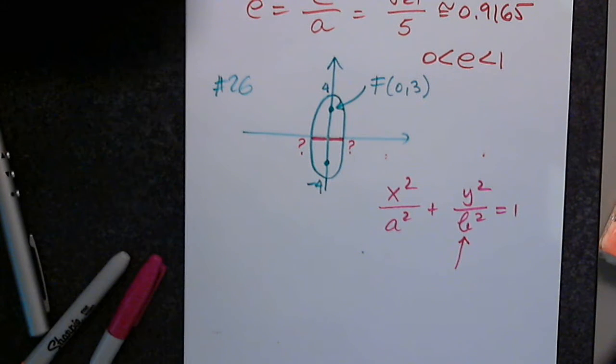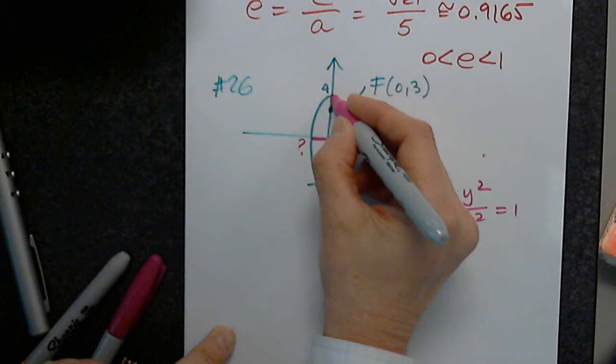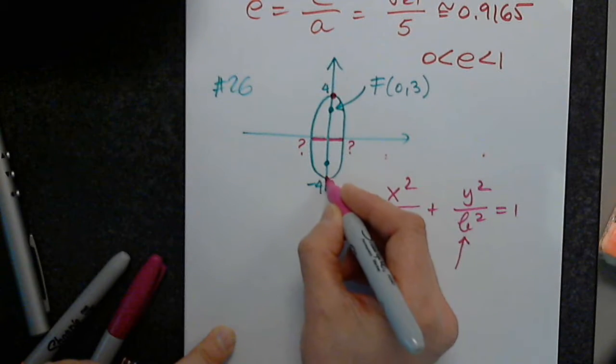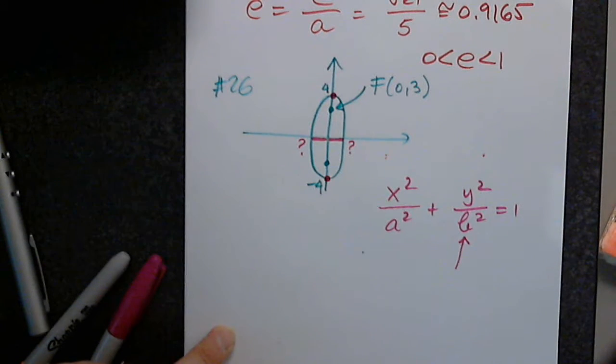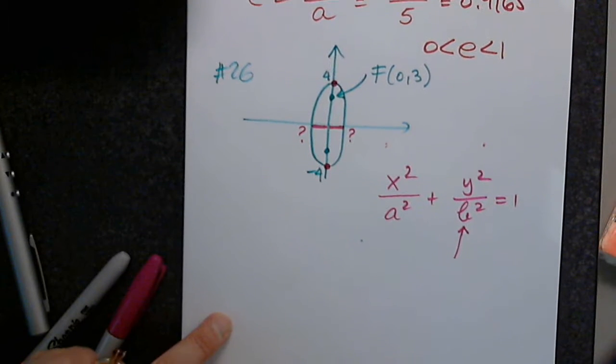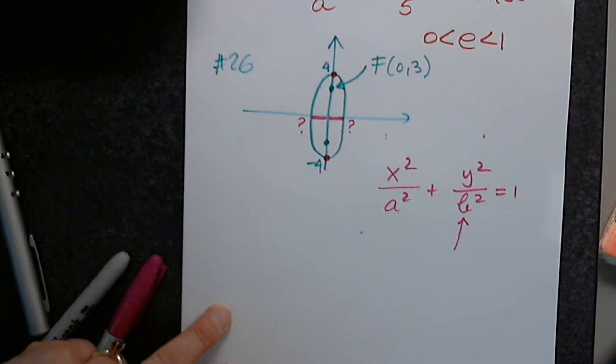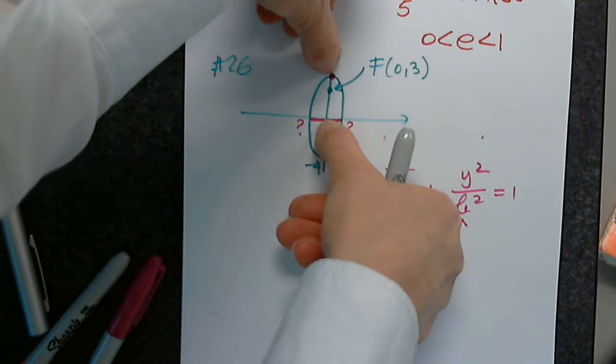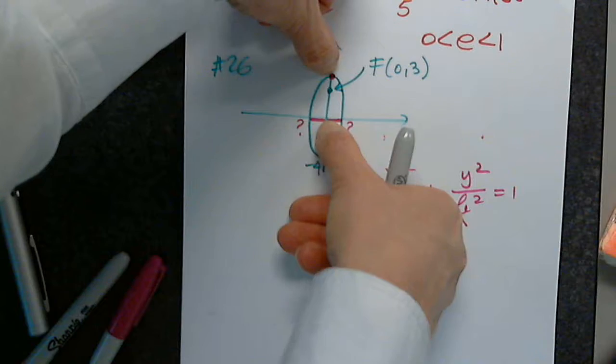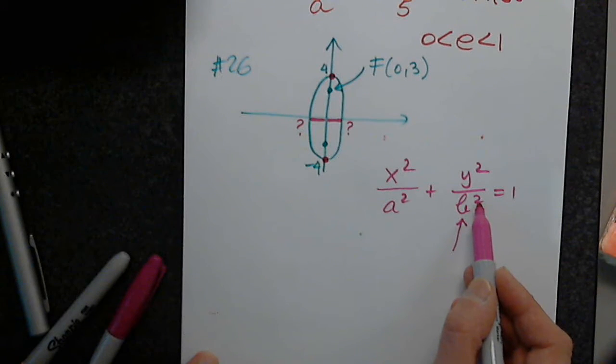How much? Say it again. 2. 2 squared is 4. 4 squared.